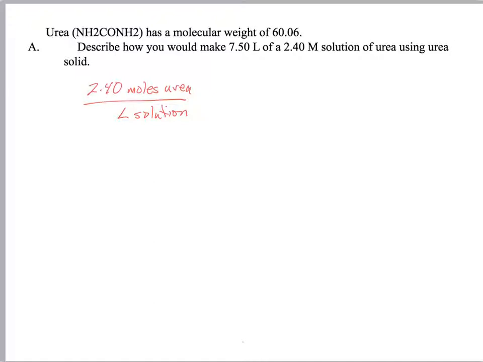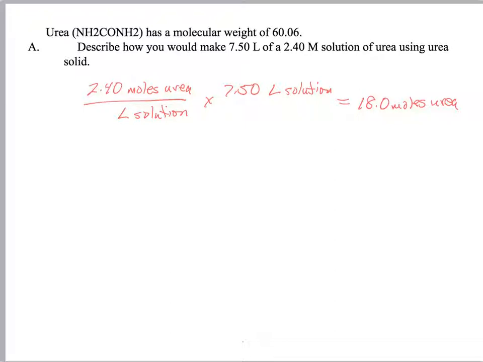And our problem tells us that we need 7.50 liters of solution. And so if we multiply that, we find out we need 18.0 moles of urea. Okay, so the most important thing is always, how many moles of the solute do you need? That's always the starting point in making a solution of molar concentration.